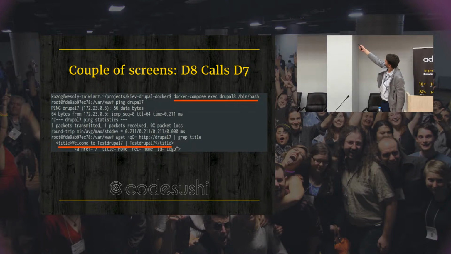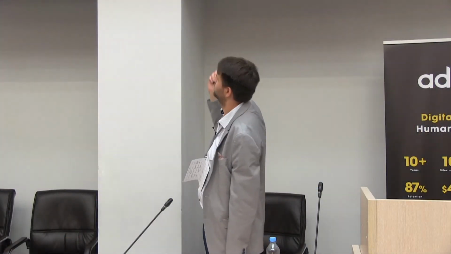And as you can see here, I can successfully ping Drupal 7, and I can also wget Drupal 7. As you can see, I'm using the service name here instead of anything else. So, onward to the summary.